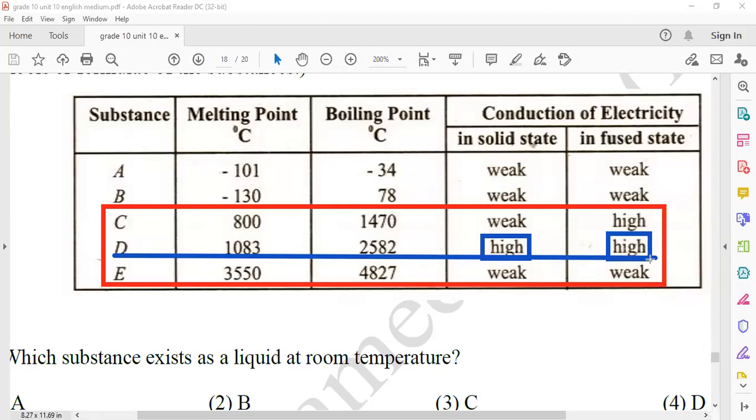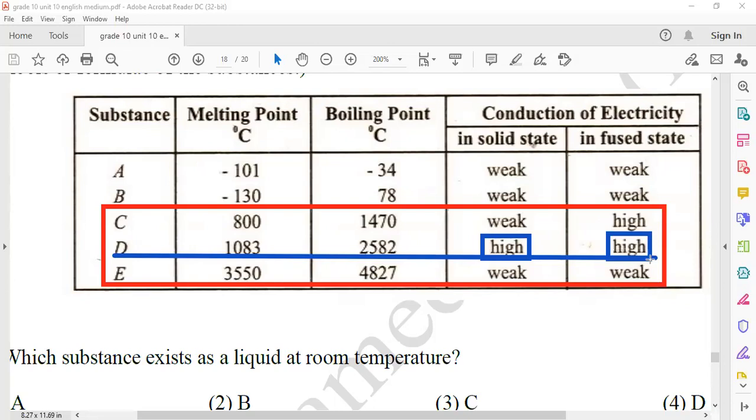Is it a correct idea regarding ionic compounds? No. Ionic compounds don't conduct electricity in the solid state. So can D be the answer for ionic compound? No.